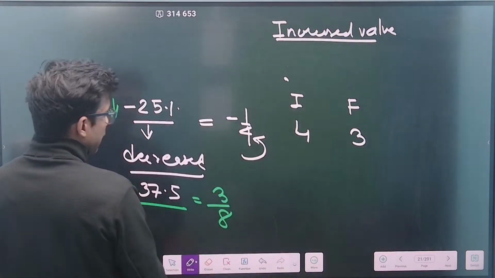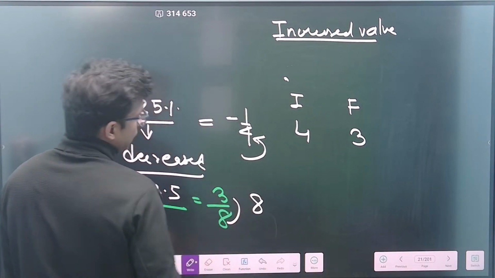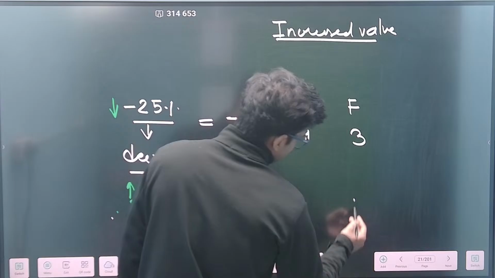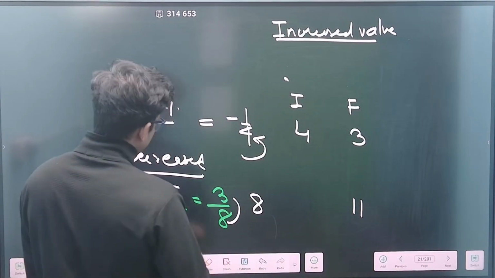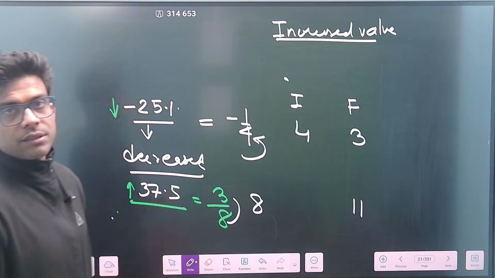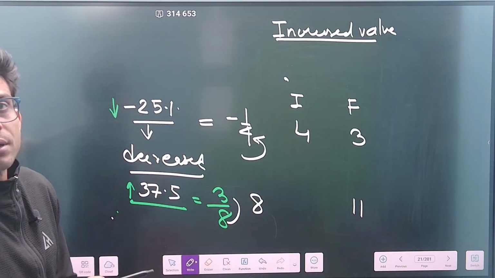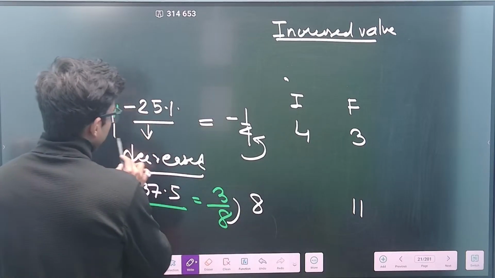So my initial value is 8, and 8 plus 3 is 11. So my final value would become 11. Then only there is an increment of 37.5%. These two things are very, very important.